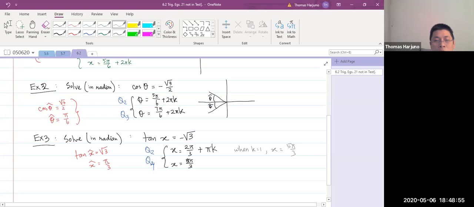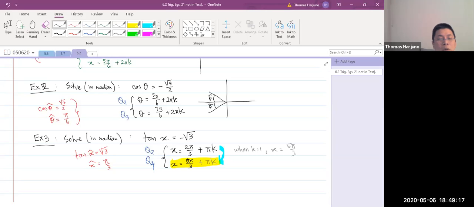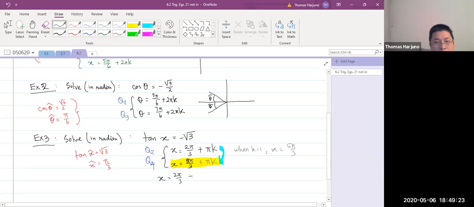So for some reason, the answer that we get in quadrant 4 is already incorporated in our first answer. So basically the answer will be x equals 2 pi over 3 plus pi k.